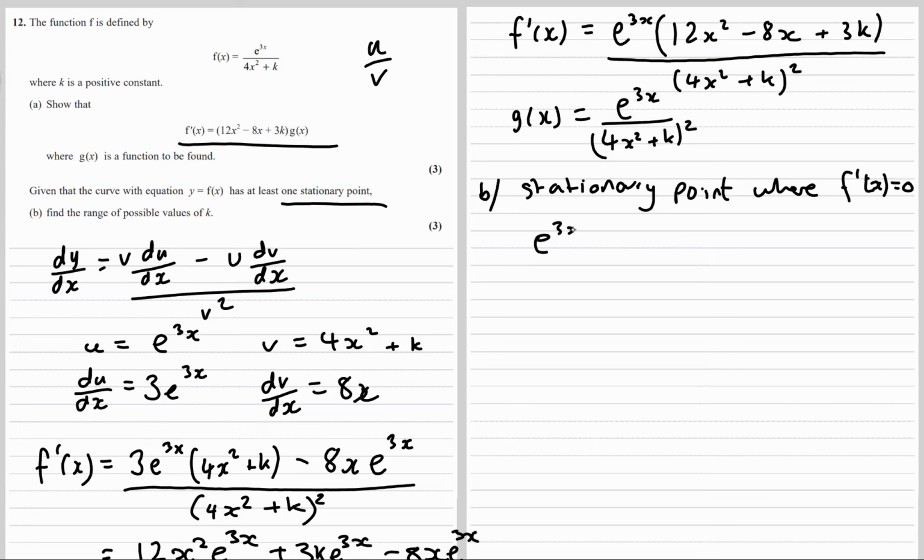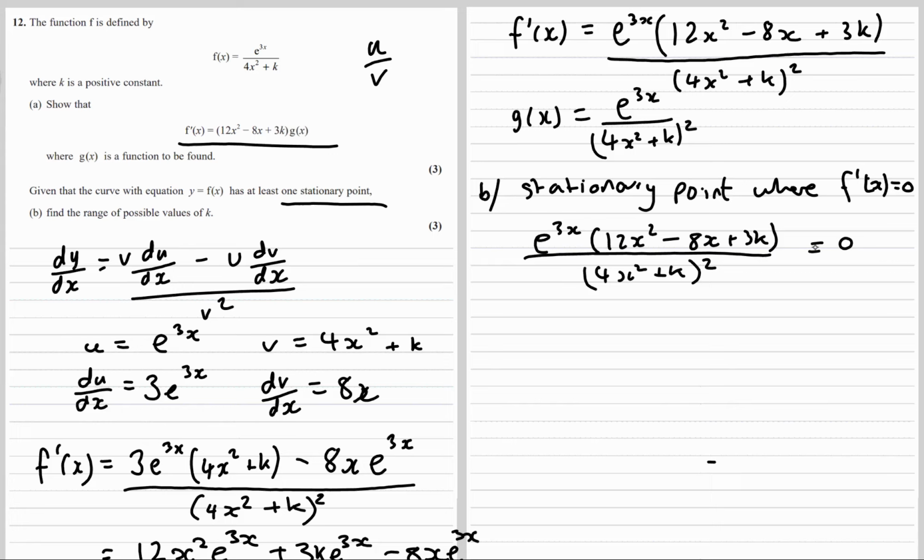So that's e^(3x) times 12x squared minus 8x plus 3k over 4x squared plus k squared is equal to 0.